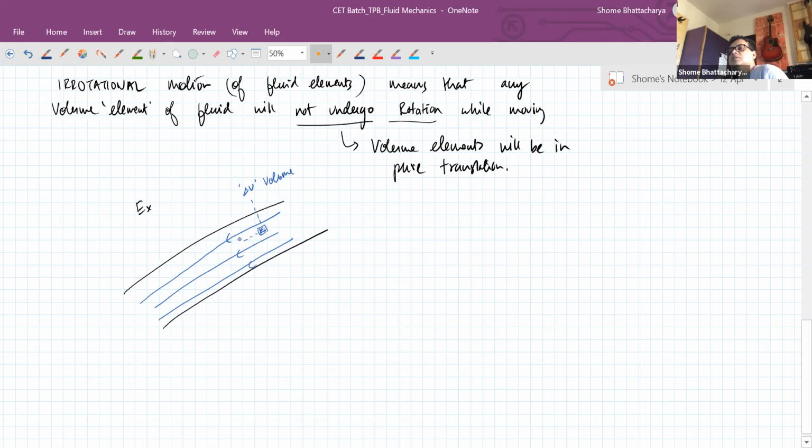It has this kind of a path. As it is moving, you see that it's in translational motion. It's not in any kind of rotational motion. So it is in irrotational motion. So that is another important property of steady flow.